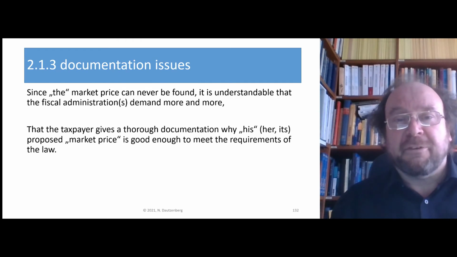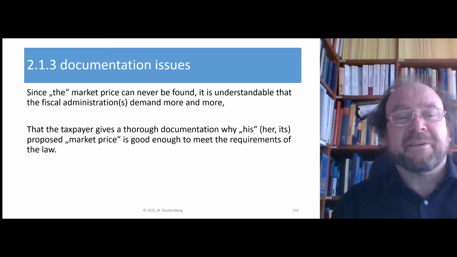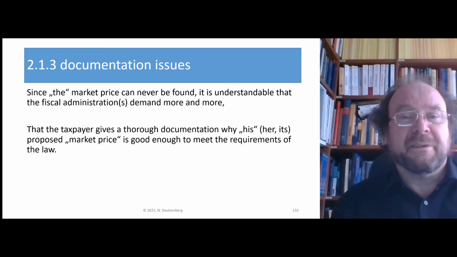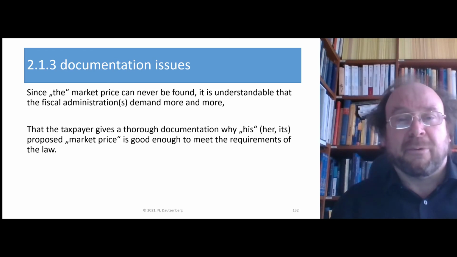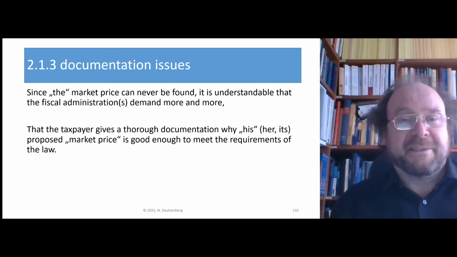So whenever you have a job in transfer pricing, having to find out the market price, you have a safe job position. That problem will never get really solved until somebody has the courage to put the whole thing aside and decide for a completely different concept. For example, for a formula apportionment of group profits to the states involved.